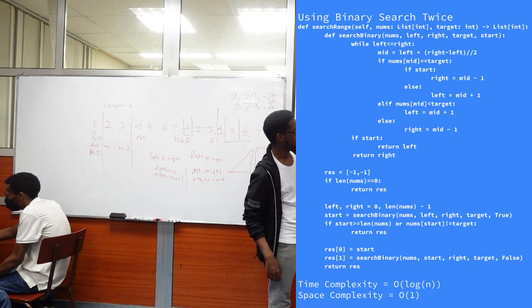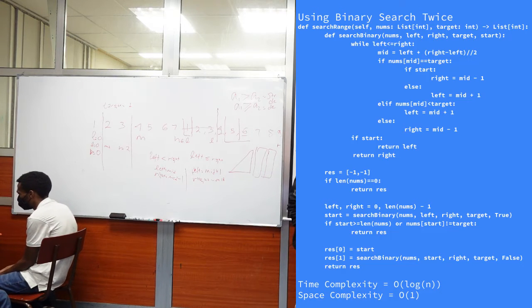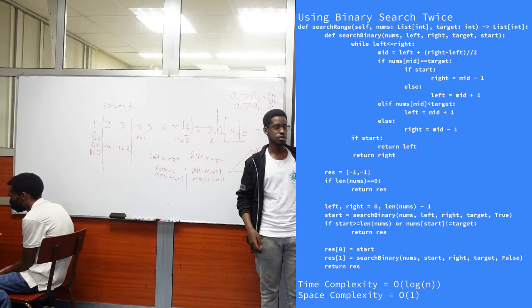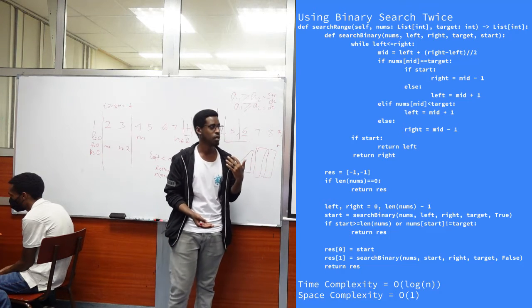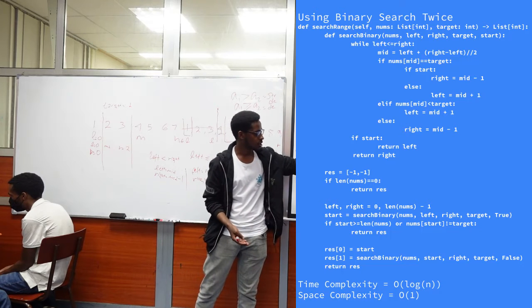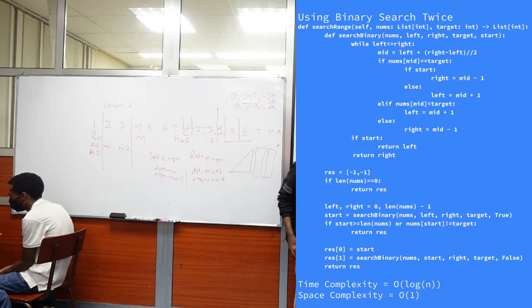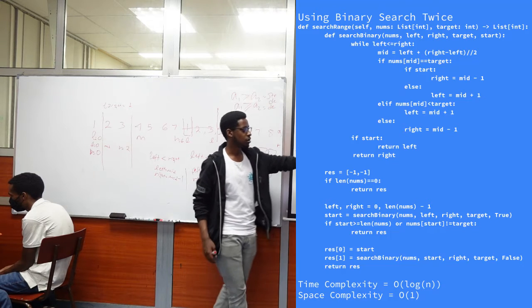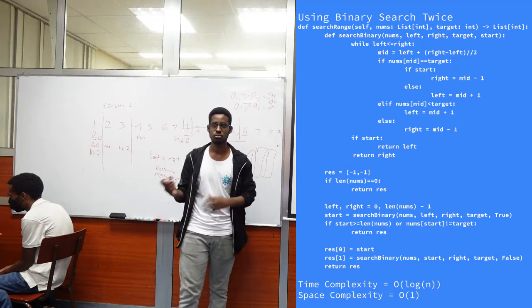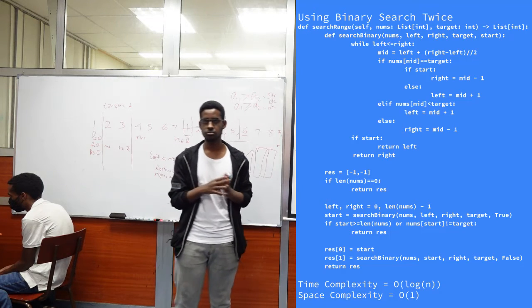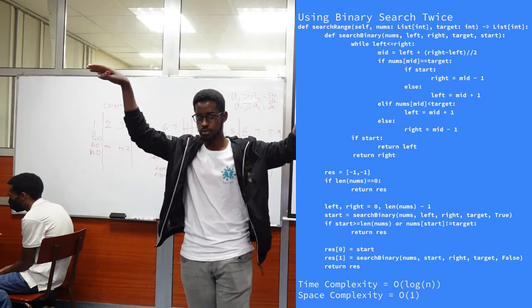For the start, when you find the target, if you're searching for the first index, you just have to keep modifying the right operation till you find the first index. And for searching the right index, you start from the start up to the end. That will guarantee us that the element we find is within the bounds. Make any sense? Any questions?